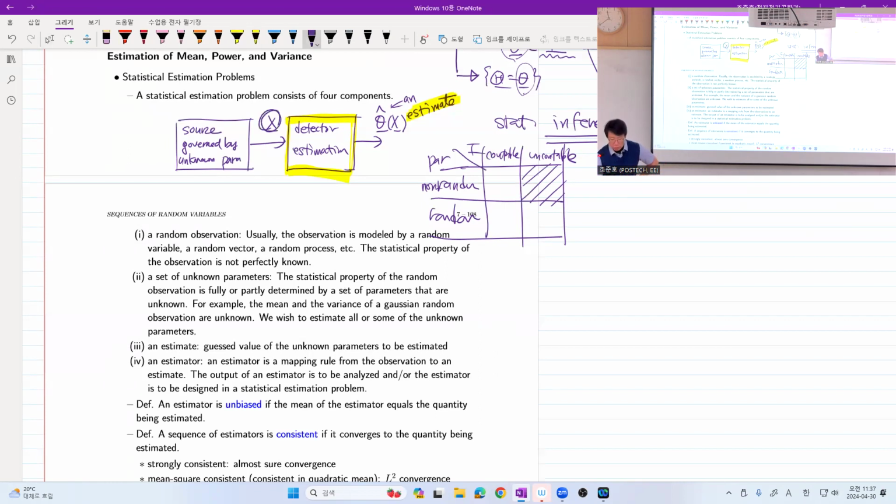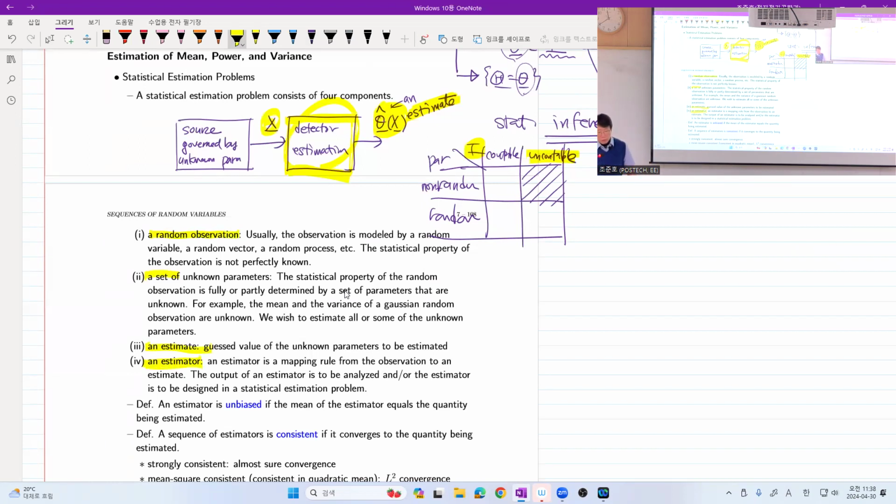This X is called the random observation. You have a set of unknown parameters, and that set is this index set. And you have an estimate, the output of your estimator or detector. Since you have this uncountable set case, this is called an estimator, but it could be called a detector if our index set is countable.